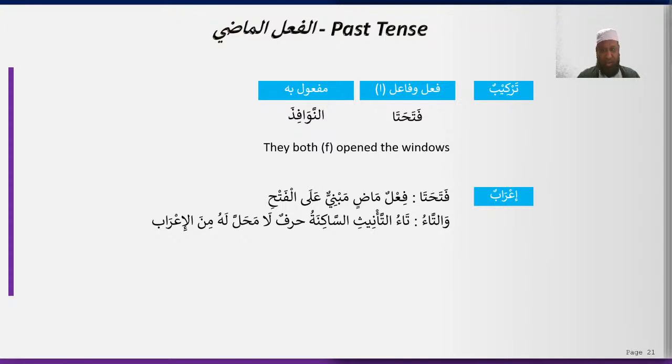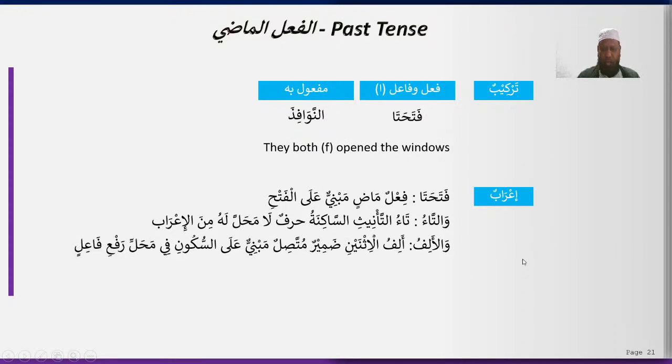It was ta sakina because it's having a fatha because alif demands the fatha. So still we call it التاء الساكنة لا محل له من الإعراب.